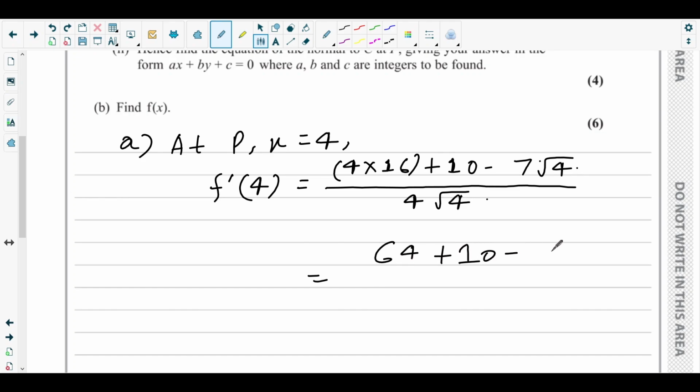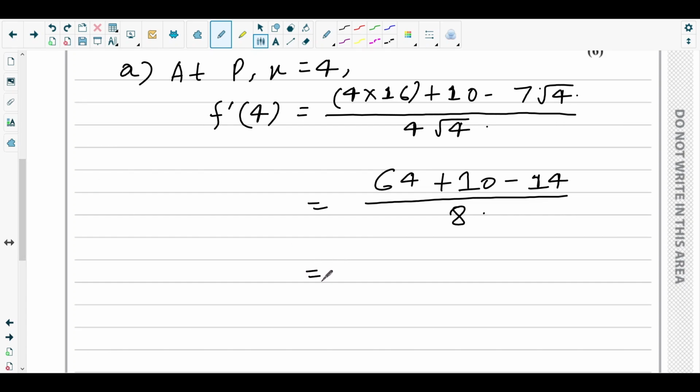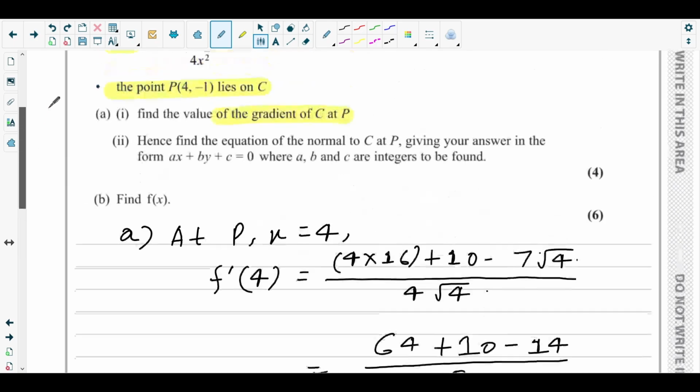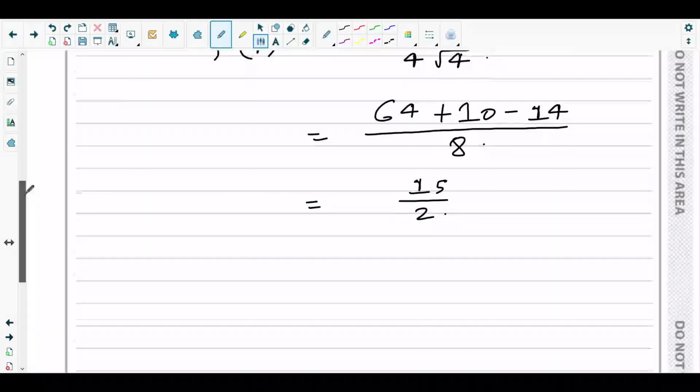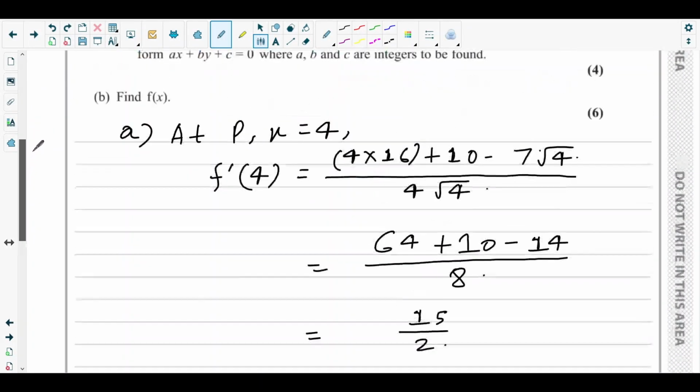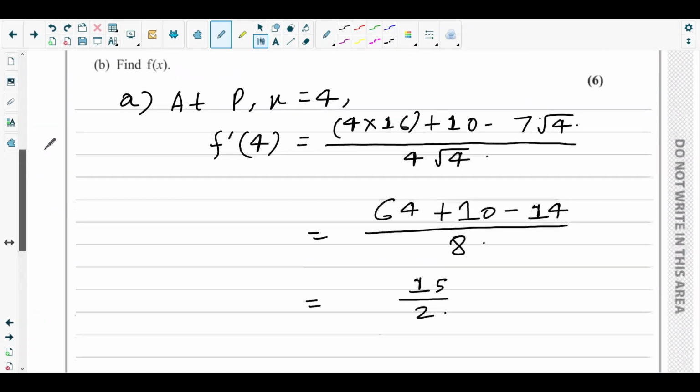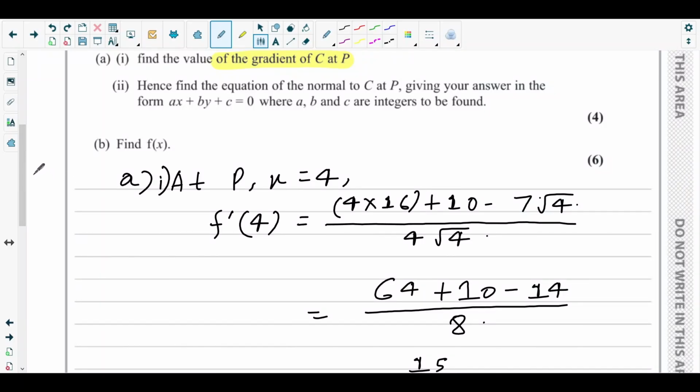Plus 10 minus 7 times 2, it is 14, over 4 square root of 4 is 8. So 64 plus 10 is 74, minus 14 is 60. So 60 over 8 gives you 15 over 2. So the gradient of the curve C at P is 15 over 2. So this is part A1.